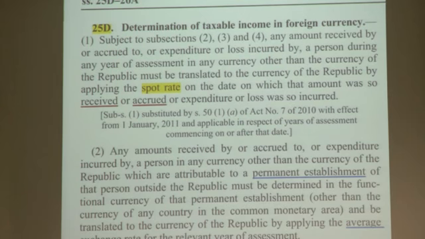It goes with the amounts that you receive, if I sold in foreign currency, or if I buy something in foreign currency. Either way, whether it is expenditure incurred or amounts that you received, it must be translated to the currency of the Republic, applying the spot rate on the date on which that amount was so received or accrued.